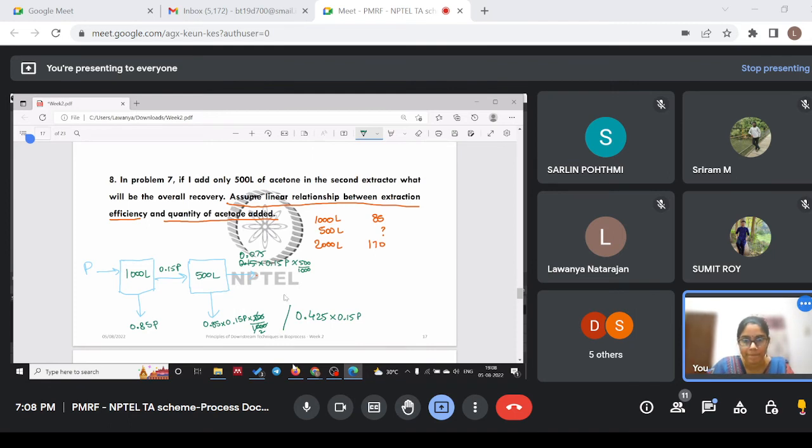So essentially at the end of the day, you're just having 0.075 into 0.15P, and here you're having 0.425 into 0.15P. That's clear, right? So do you want to work out the answer and tell me?